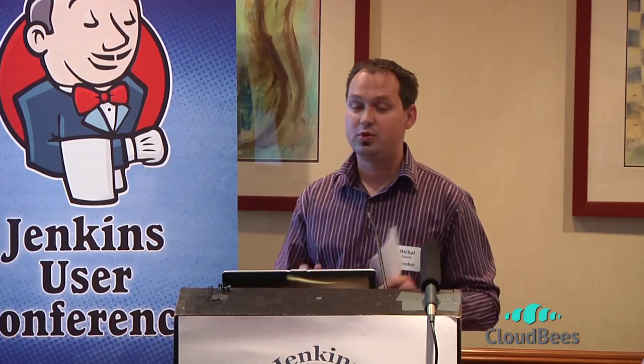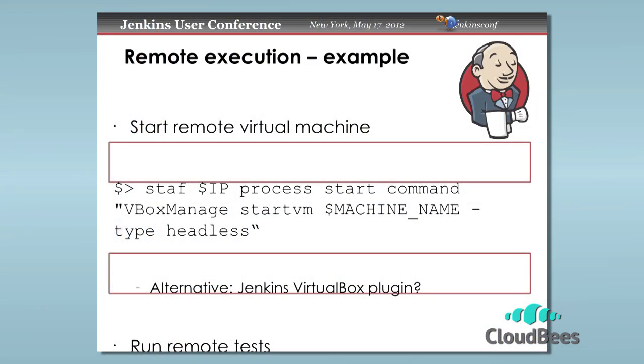This operation is very important for us because we need to start on a clean, preset environment. So if you look at this in general, the situation looks like this. Jenkins first starts the VirtualBox machine, then waits until the virtual machine starts up, and then it installs a product and runs the test.